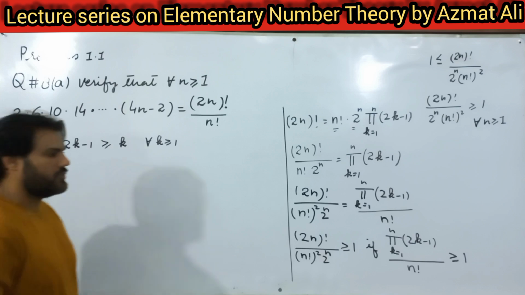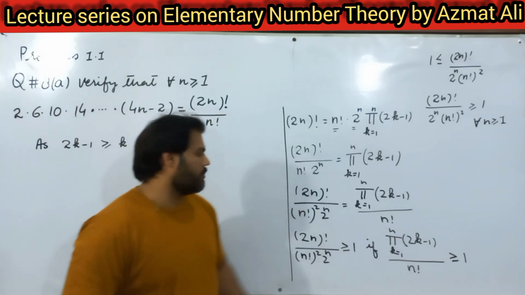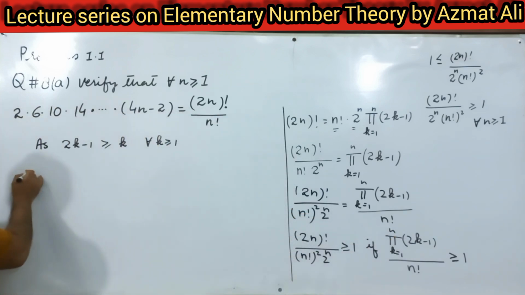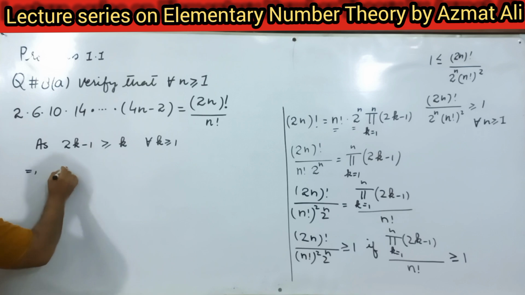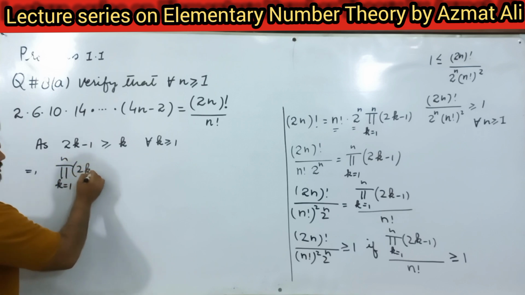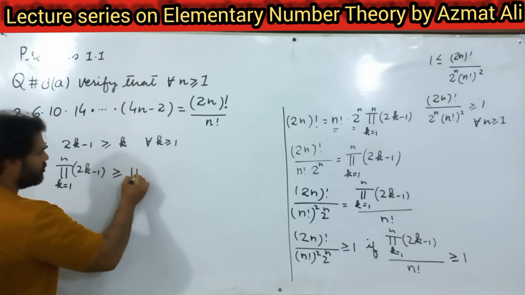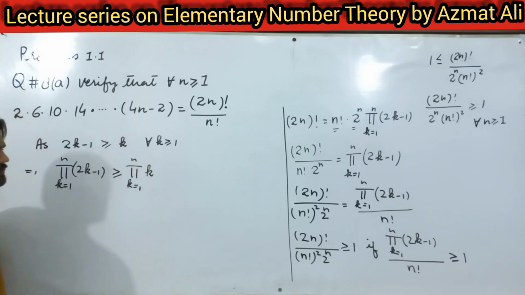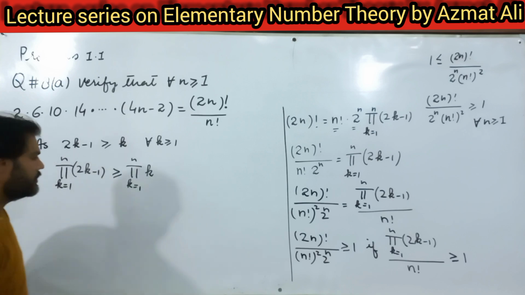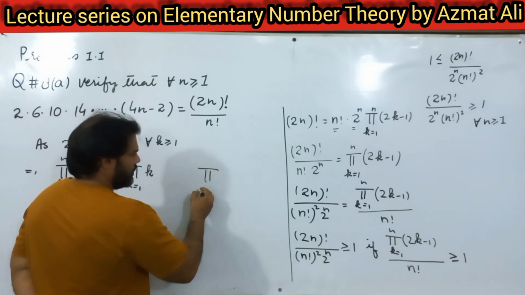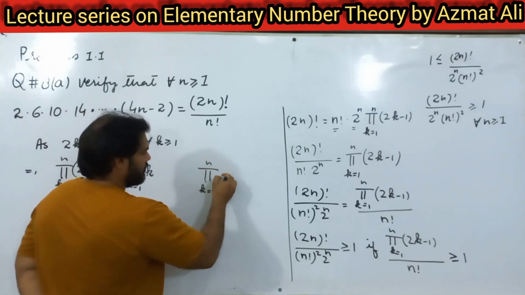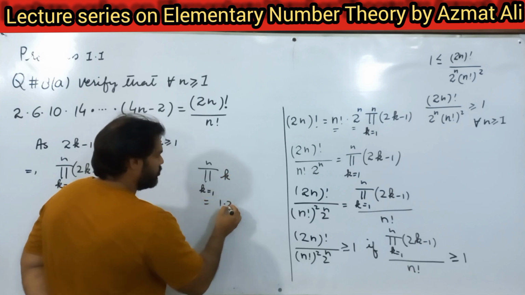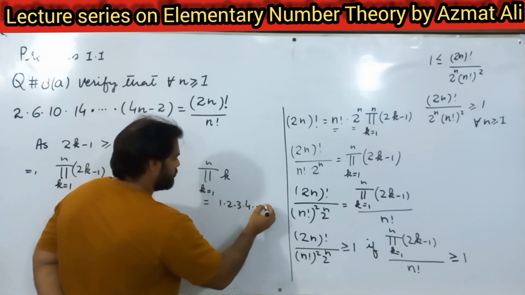Now by taking the product on both sides up to n terms, this gives us the product k is equal to 1 to n of 2k minus 1 is greater than or equal to the product of these terms. Next, if you open this product, this is equal to 1 into 2 into 3 into 4 up to so on n.